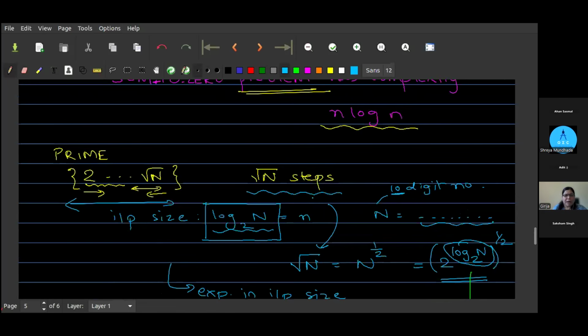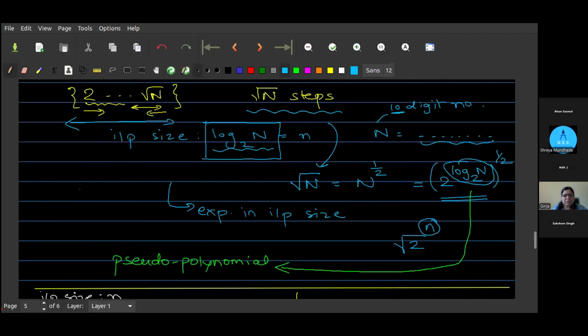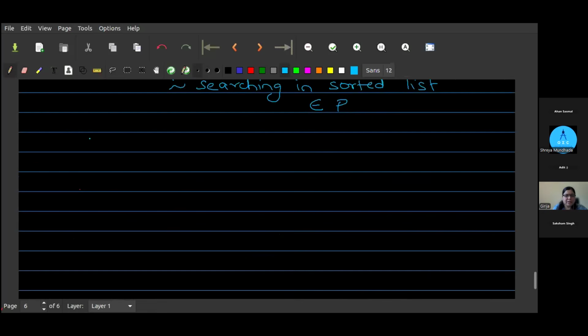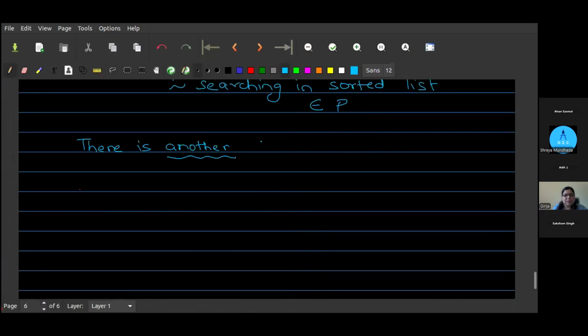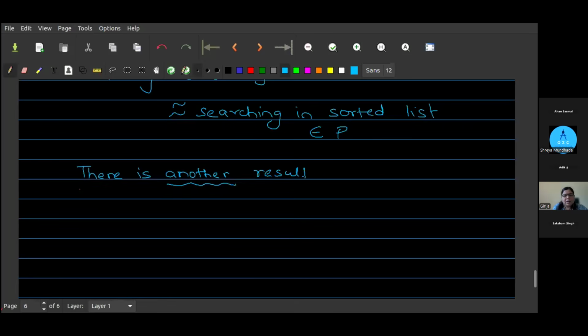So what about prime now? As of now, this is pseudo polynomial, as I said. But there is another result, not the one that we have looked at, because that is not polynomial in the input size, as we said. I think it's called the AKS algorithm.